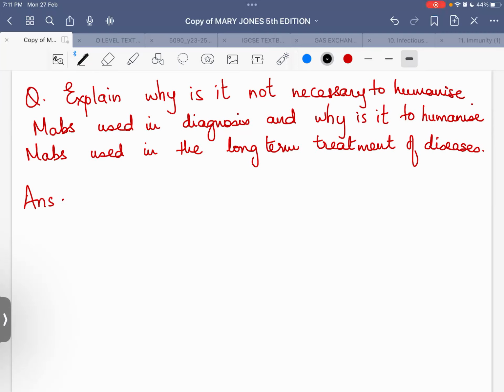So if it's just for diagnosis, we'll be done with it quickly, and the MABs won't have to stay in our body for long. But if it's a long-term treatment, then they have to stay for long and they need to suit our body.